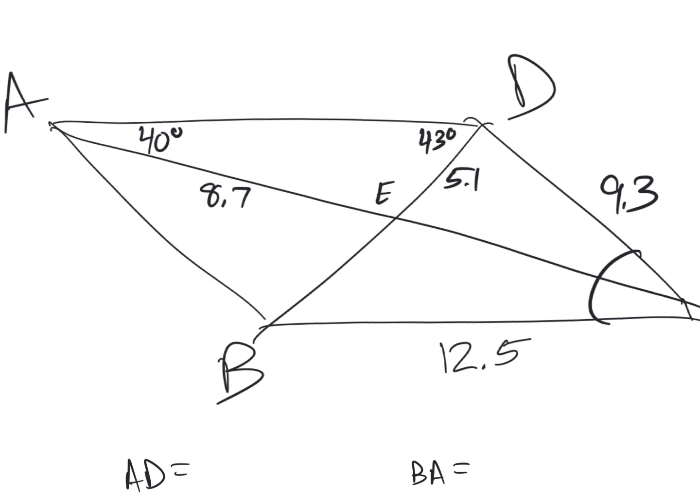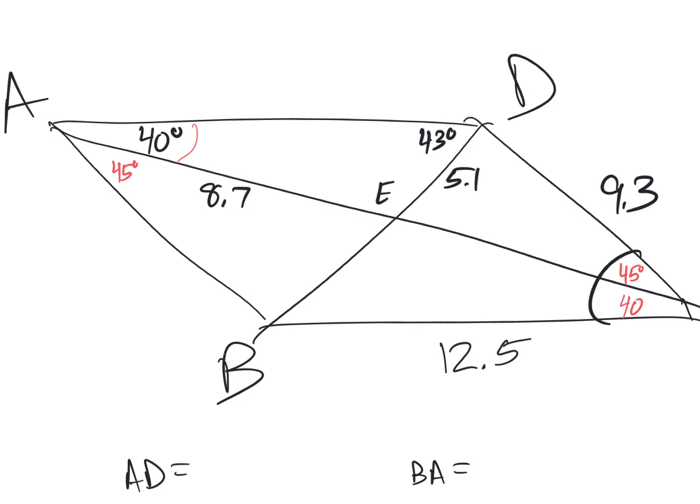I'll do this in red. So if this is 40 degrees in a parallelogram, alternate interior angles show me that that's 40 degrees at the bottom right. And if that whole thing is 85 degrees, that means the other angle is 45. And again, with alternate interior angles, the upper left should be 45 degrees in that position. Alternate interior angles. I see it's a parallelogram, so diagonals bisect each other.